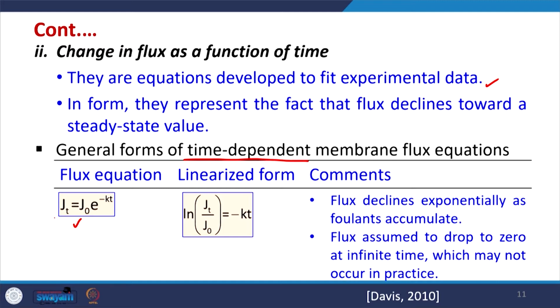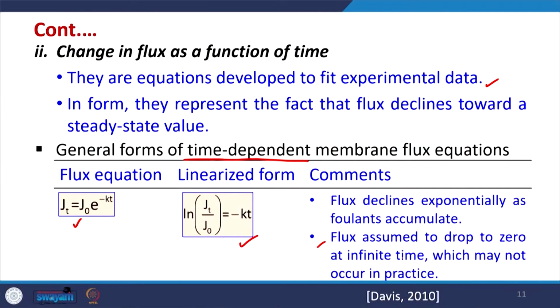The first one is J at any time t equal to J_0 e raised to minus k t, and we can always use the linear form also. In this case we are assuming that the flux is declining exponentially as the foulants accumulate, and that flux drops to 0 at infinite time.